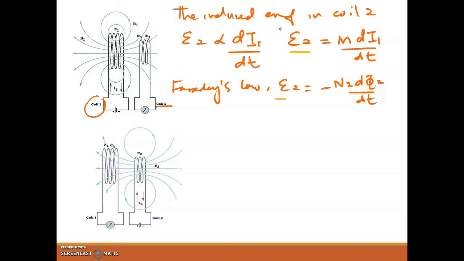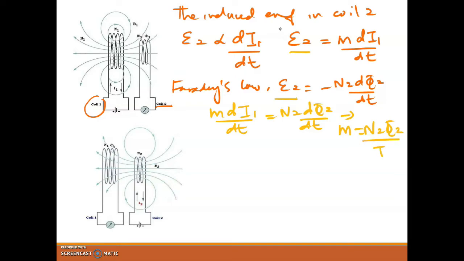So we have M dI1 over dt is equal to N2 dΦ2 over dt. So then we have M is equal to N2 Φ2 over I1.